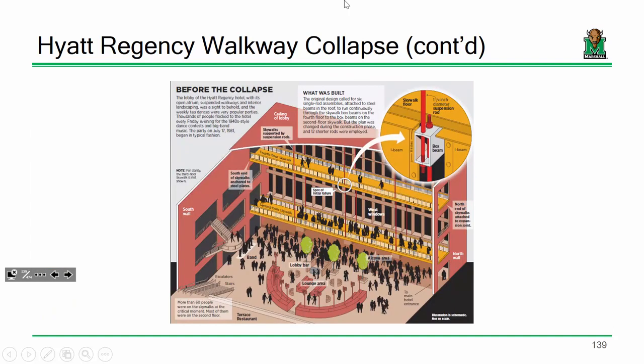You can kind of see it right here, a little nut that it would have been resting on. But again, the issue with this really wasn't the rod, it was the channel. By changing the connection parameters, they completely changed the load distribution on that channel.